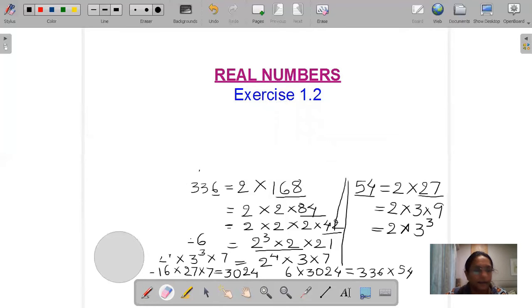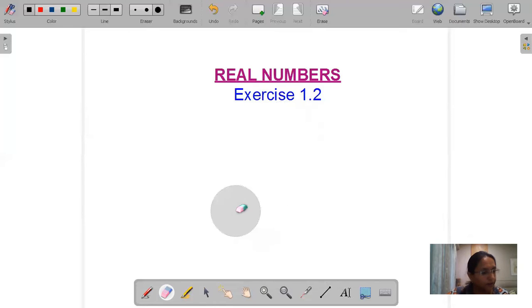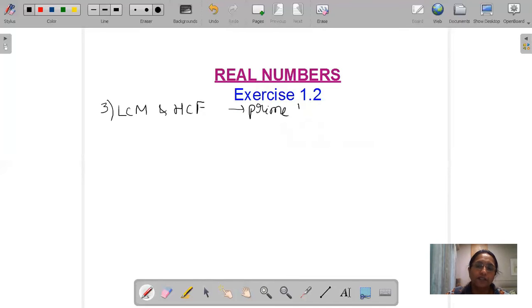Find the LCM and HCF of the following integers by applying the prime factorization method. Prime factorization method is nothing but using the fundamental theorem of arithmetic.